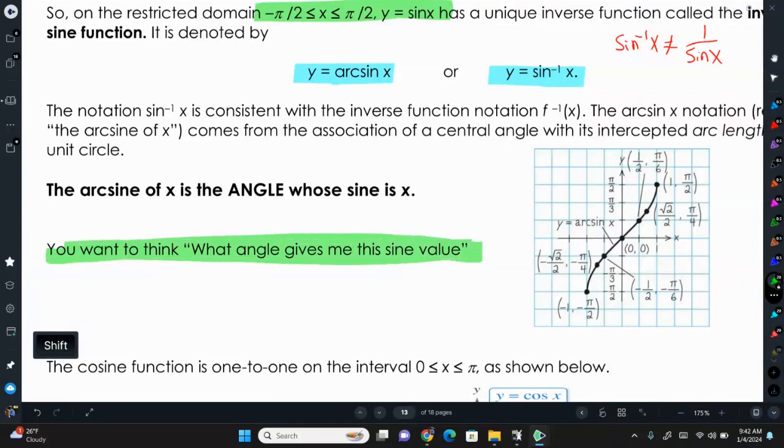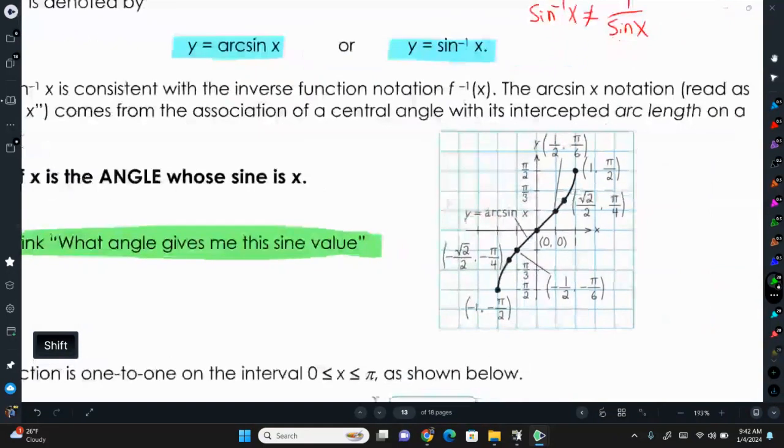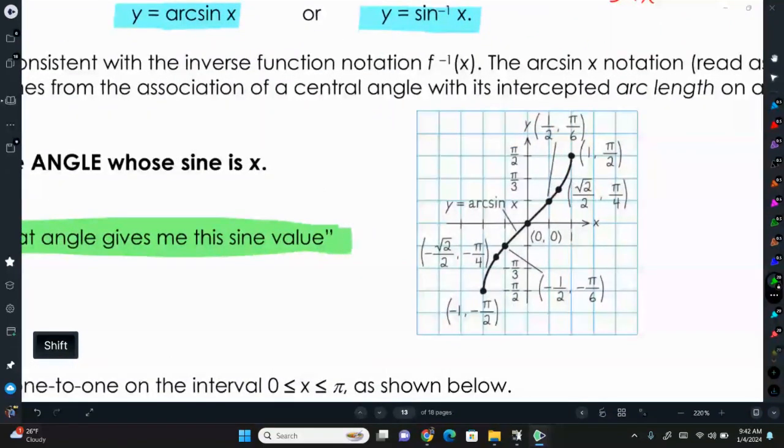And when we get to the next page and actually look at some examples, I'm going to come back to this. This right here is a graph of arc sine or the inverse sine, and when we look at the x values, we say, okay, what angle gives me that sine value?